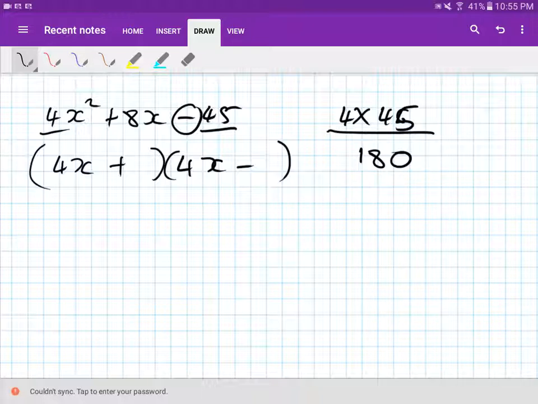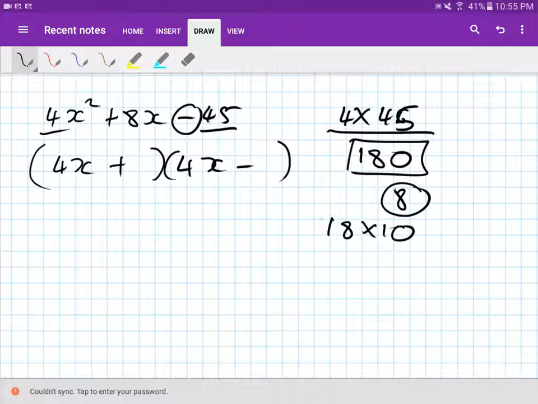Now, you ask yourself: what times what gives me 180, and the difference is 8? So you have to list all the combinations. If you list them out, it can take you a while, but you can use a calculator, of course, and then you should recognize that it is 18 times 10. 18 times 10 is 180, and the difference is 8, correct?